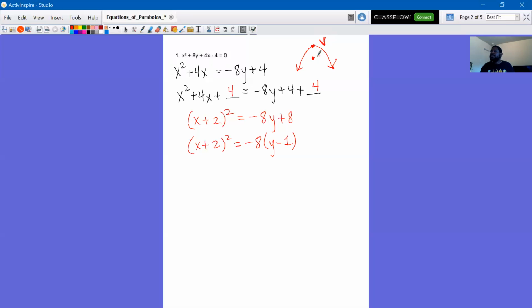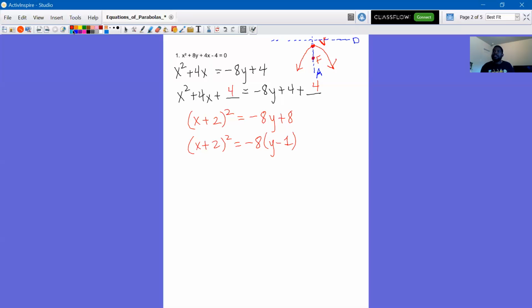My focal point is here. Then I'm going to draw my axis of symmetry that goes through both of those points. That's my axis of symmetry. And then I'm going to label my other line up here. That's my directrix line.